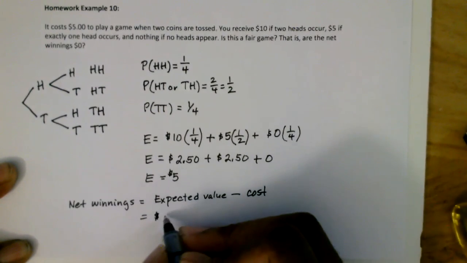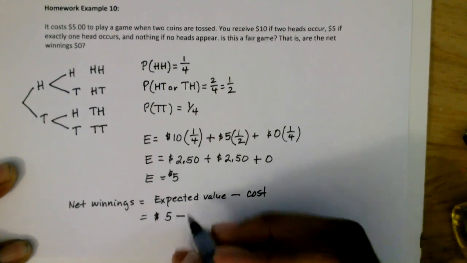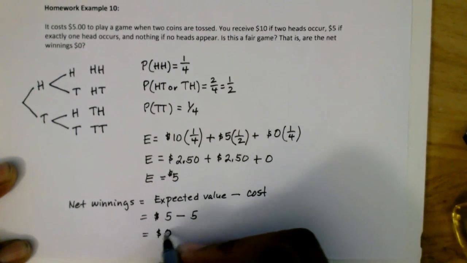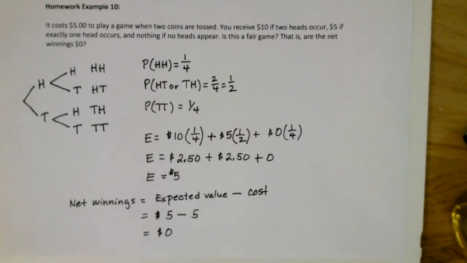The expected value came out to be $5, and the cost was $5. So if we subtract 5 from 5, we get $0, which means this is a fair game, because the cost of the game does equal the expected value of the game, or the difference between the two ended up being 0. Okay, so that will conclude this video on section 9.3 dealing with applications in probability.